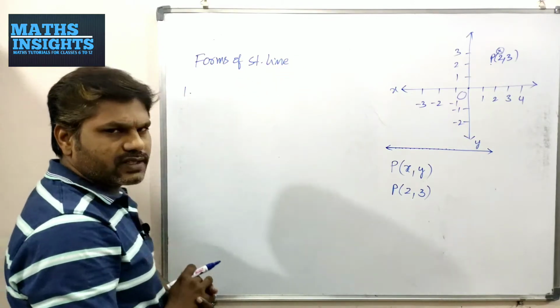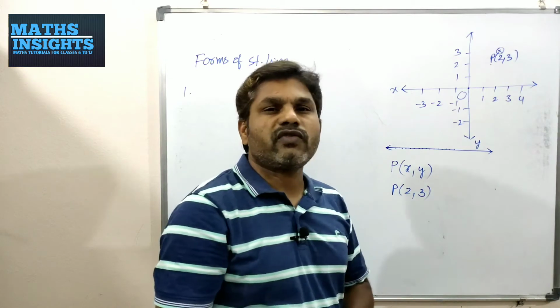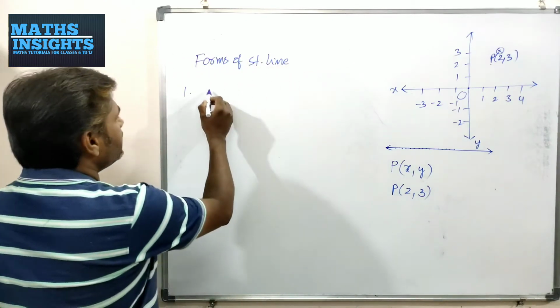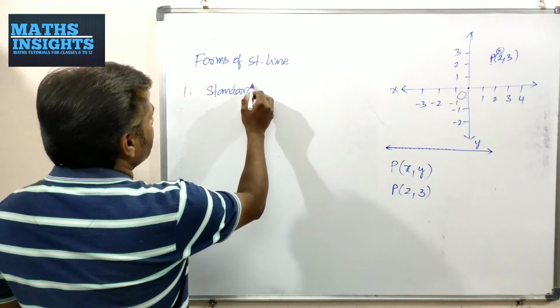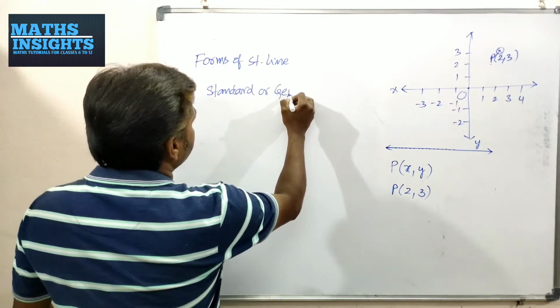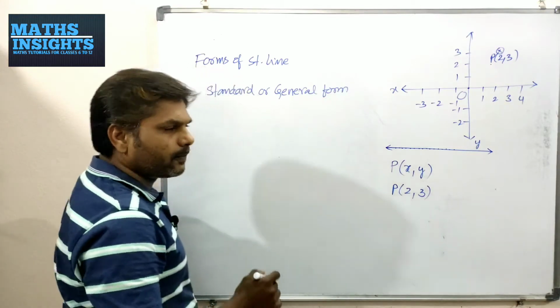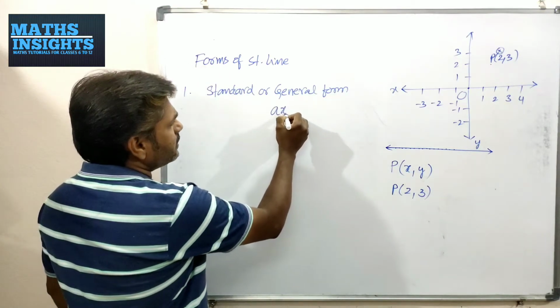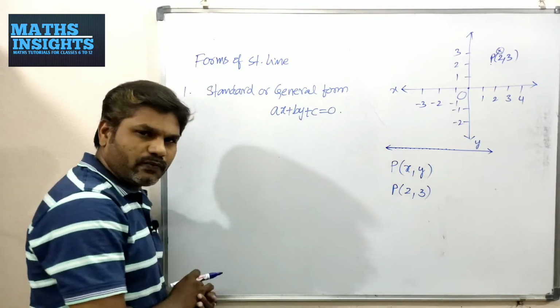The first one is the general form. This is also called the standard form of a straight line. It can be written as ax plus by plus c is equal to 0.